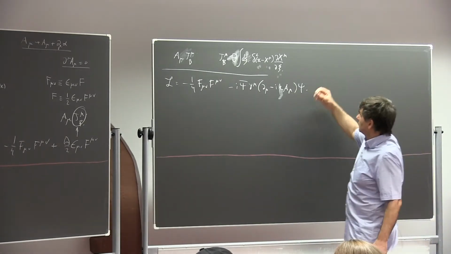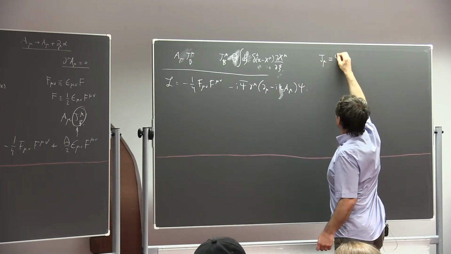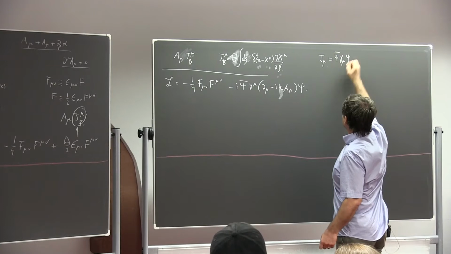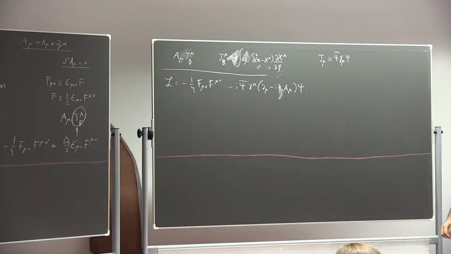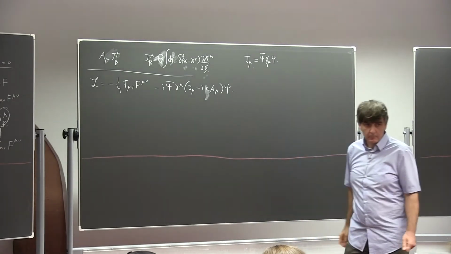So there is a current, which is a vectorial current in this theory, and this current is sourcing A_mu. Okay.